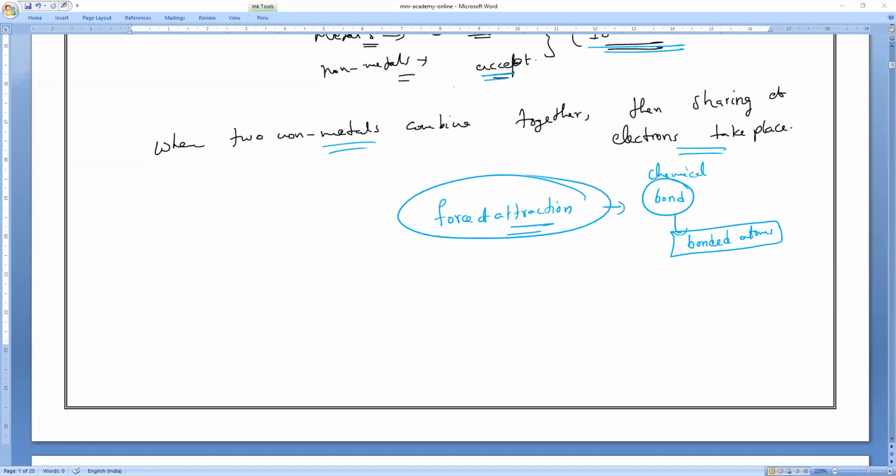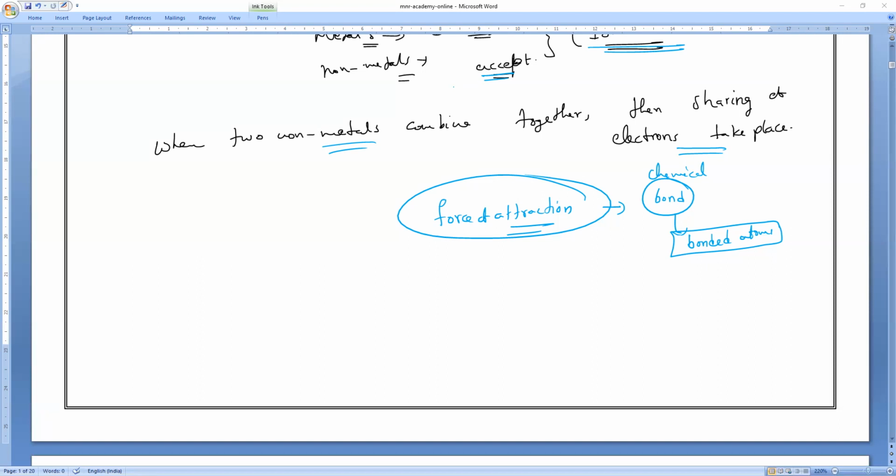In the same way, who is the supreme authority to decide the behavior of an element? Electronic configuration.